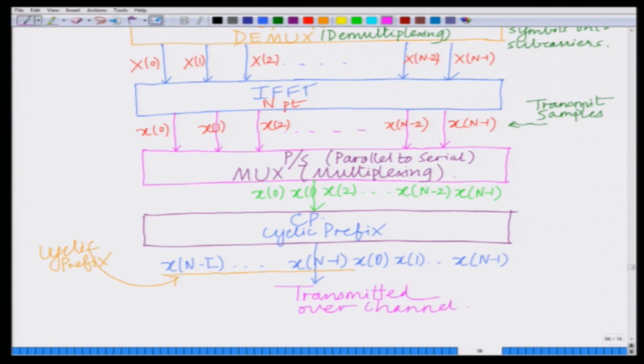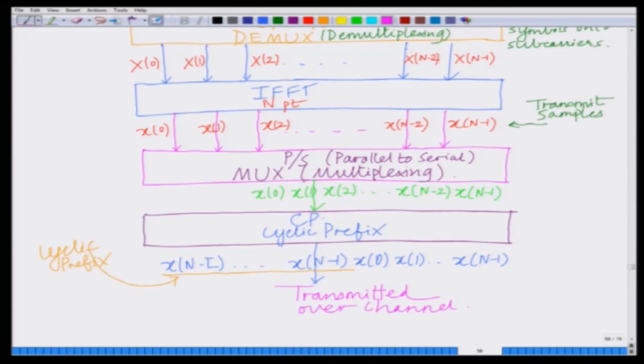This is prefixed before the original block, that is small x 0, small x 1, up to small x n minus 1, and this is then transmitted over the wireless channel. After the addition of the cyclic prefix of length L bar samples, where L bar is chosen appropriately, this is transmitted over the wireless channel. This is the OFDM signal which is transmitted.